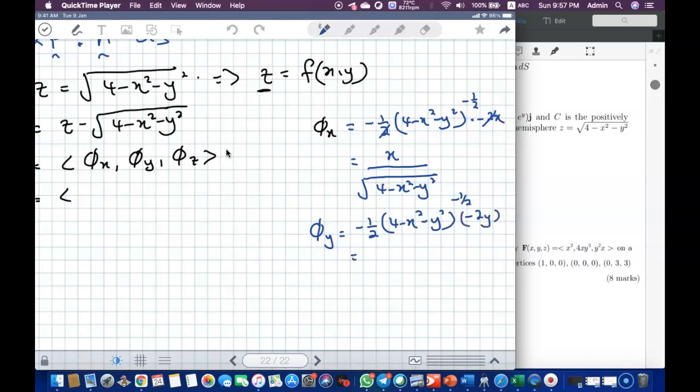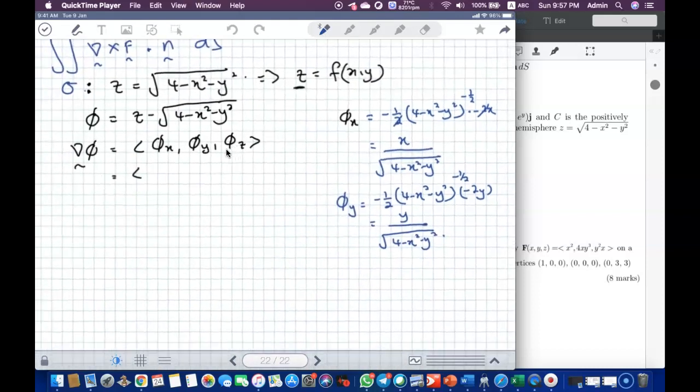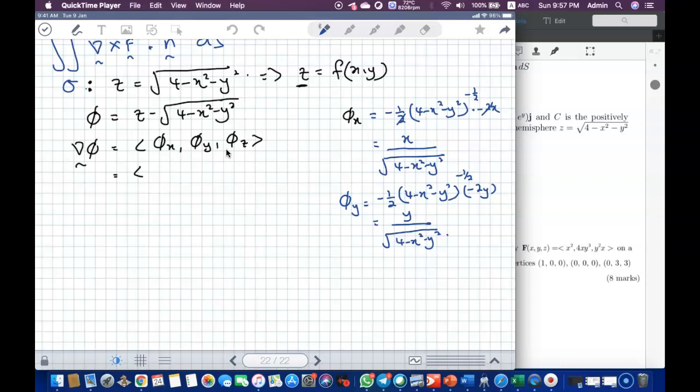When you simplify, you get y over the square root of 4 minus x squared minus y squared. And phi z is 1. So then you substitute: x over the square root of 4 minus x squared minus y squared, y over the square root of 4 minus x squared minus y squared, and 1.